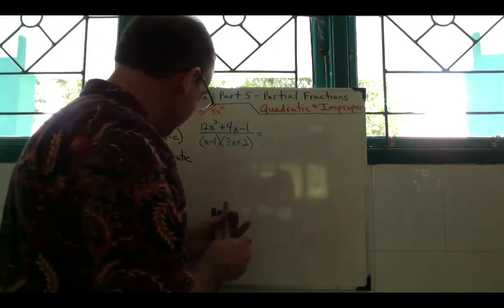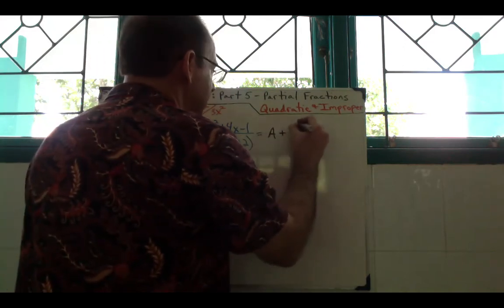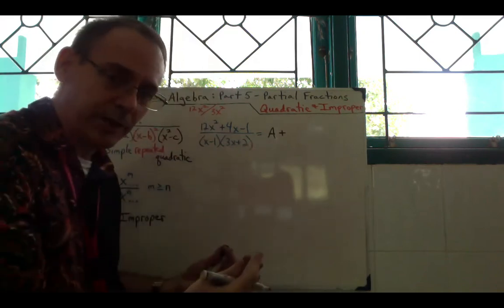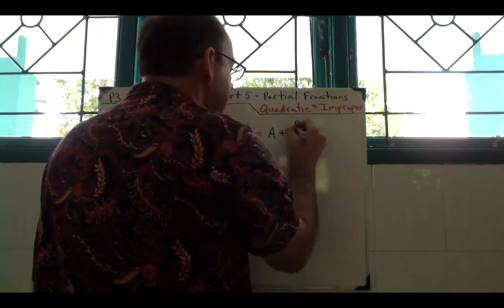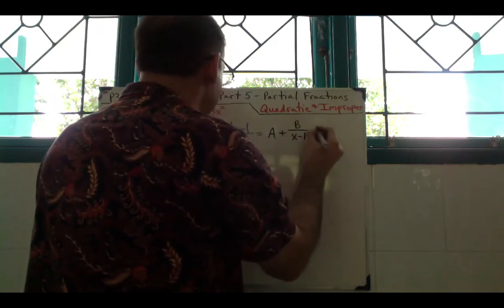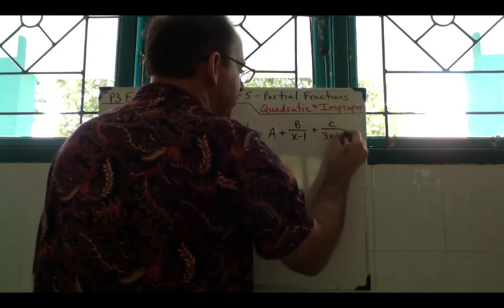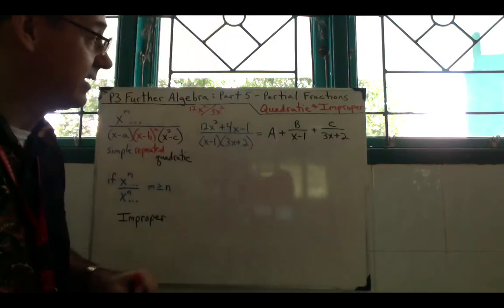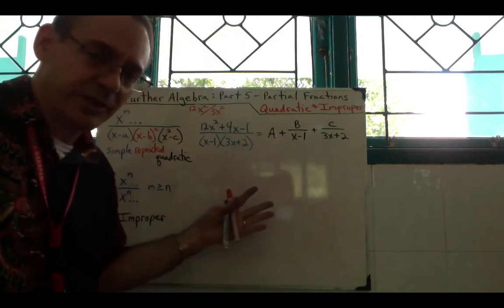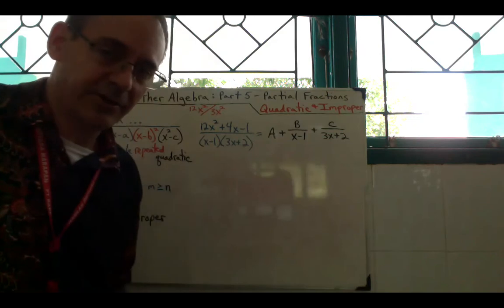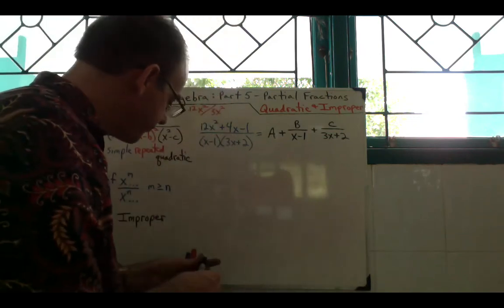So this is going to be set up as a plus, then that's the whole number part. Then we do the simple part, b over x minus 1 plus c over 3x plus 2. So again, this is very important, not only to the answer to this question, but also as it carries on into the follow-up question that you'll see later.